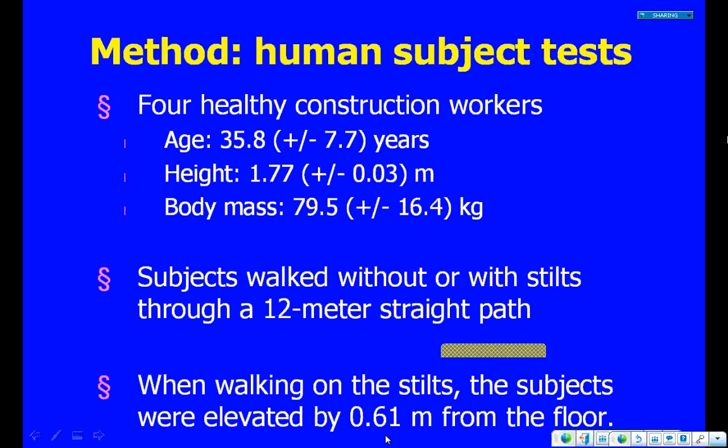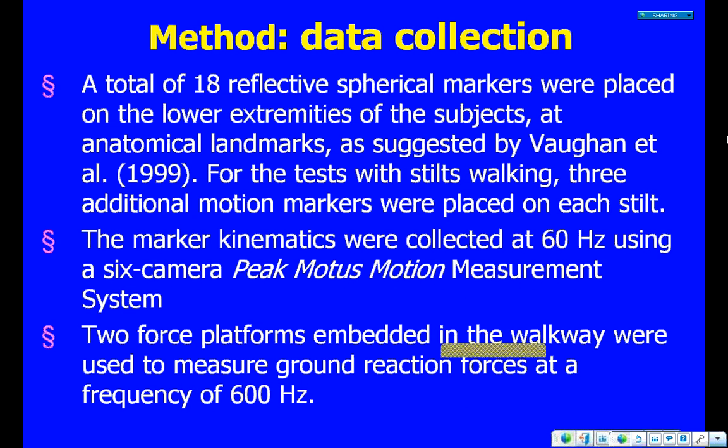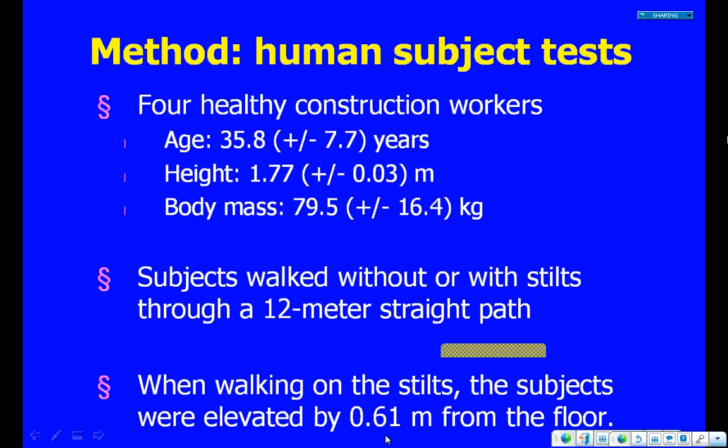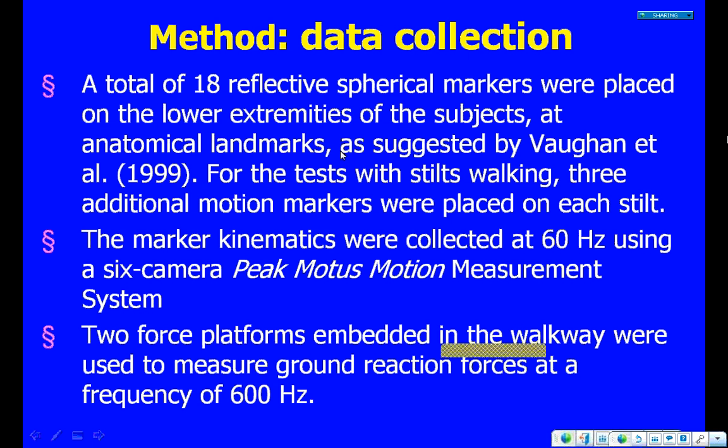There are 18 reflective spherical markers we placed on the lower extremities of the subjects at anatomical landmarks. That is routinely done in any other locomotion tests. These landmarks are suggested by Van Ham. For the test with the stilts, 3 additional motion markers were placed on the stilts on each side.